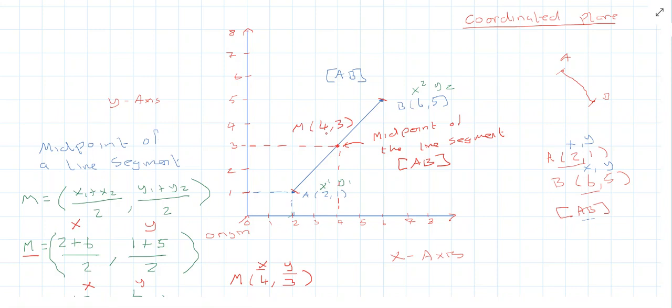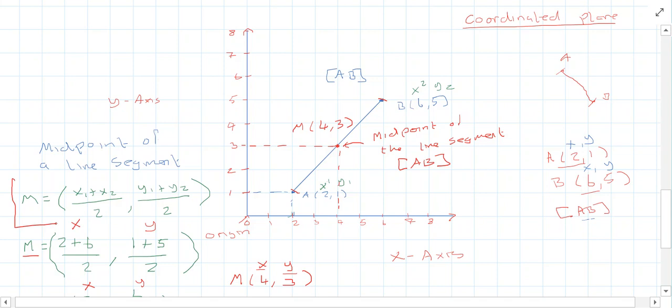So that's what we mean when we're talking about the midpoint, and there's nothing really more complicated than that. If you want to calculate your midpoint, this is the formula that you're going to use here. So if you have a line, you're going to have a point here and a point here.